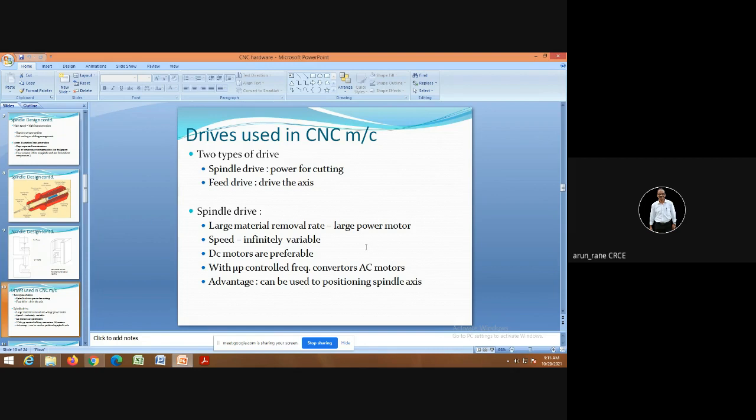The speed should be infinitely variable. Infinitely variable means from 0 to maximum.